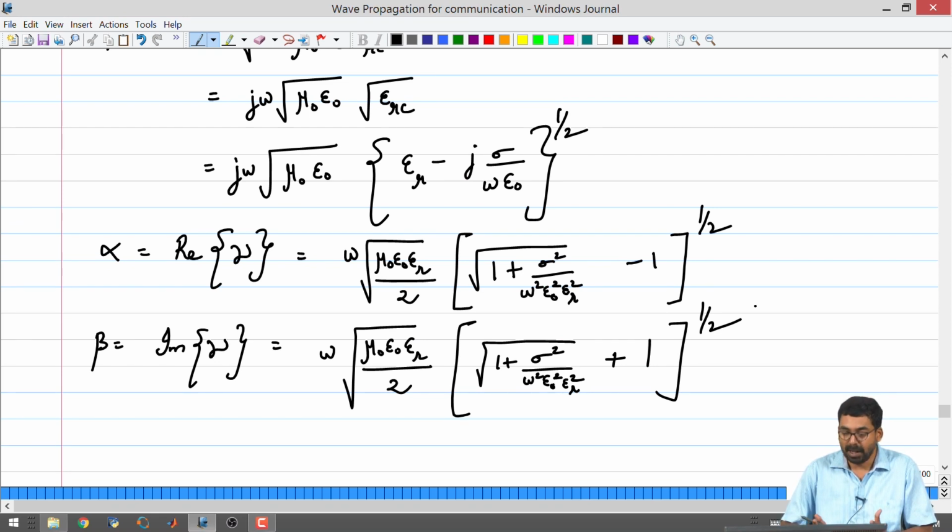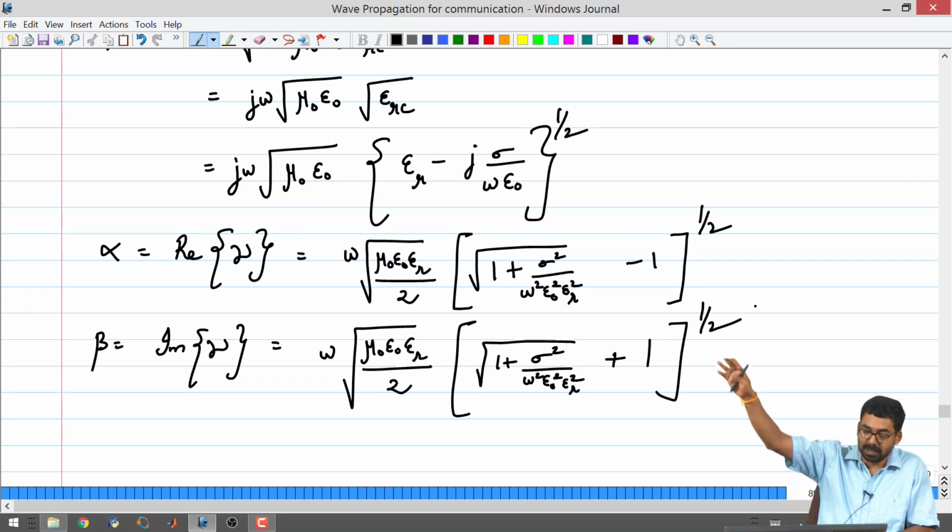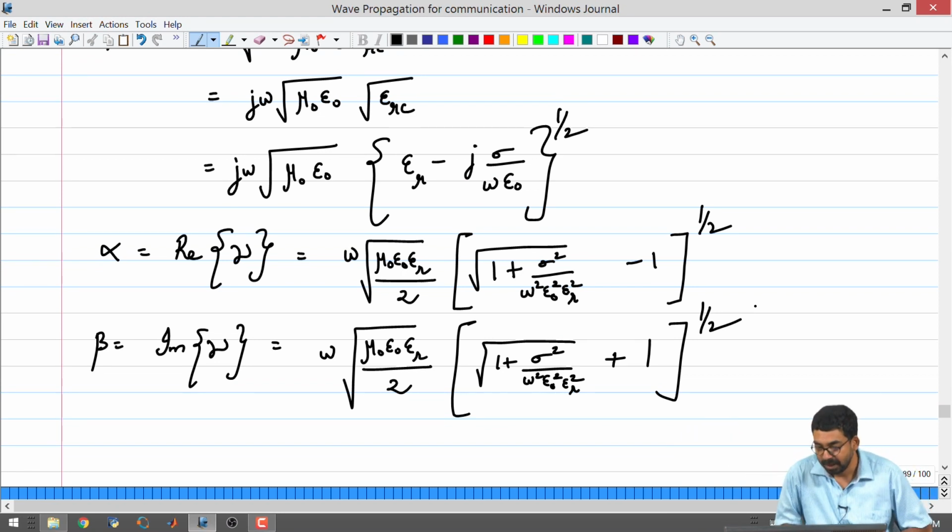I can say that there is omega multiplied by something, and then I have the square root of 1 plus sigma square divided by omega square in the denominator, etc. Since there is an omega term here, I can make a general remark that as omega increases, alpha could increase, and as omega increases, beta could increase. These are the only things that broadly you can make out from here, but the prior argument was much easier to follow than this one. Okay.